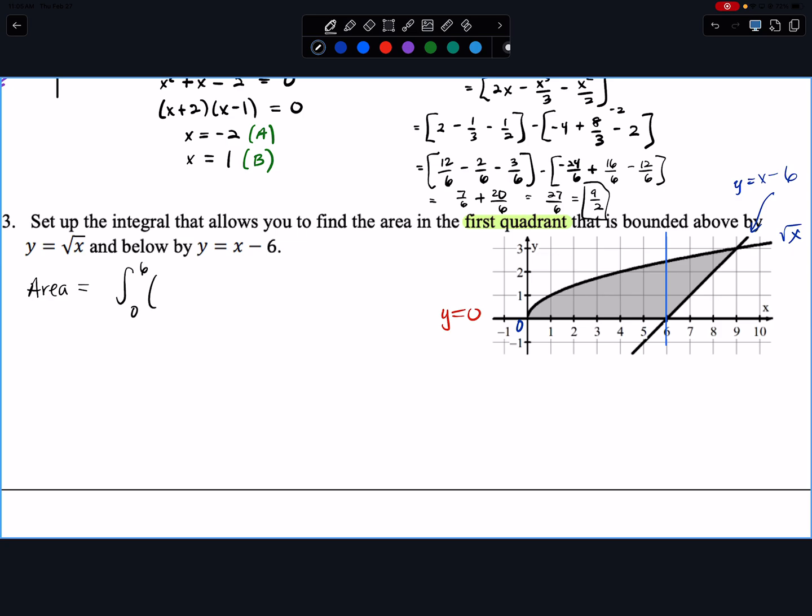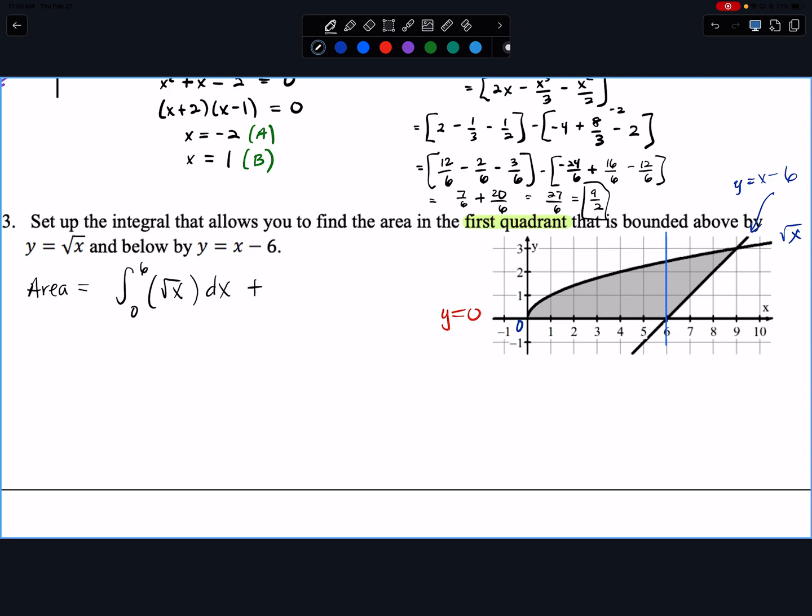From 0 to 6, what's the top function? Square root of x minus, what's the bottom function? Y equals 0. Do I have to write minus 0? Because that's not going to change anything, right?